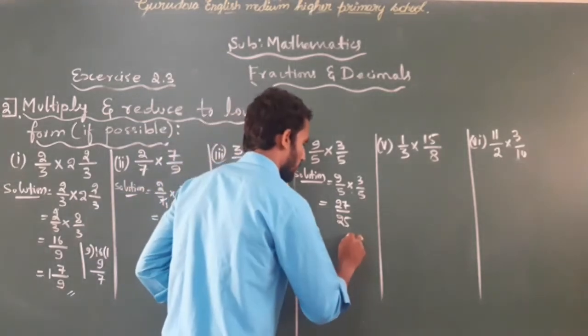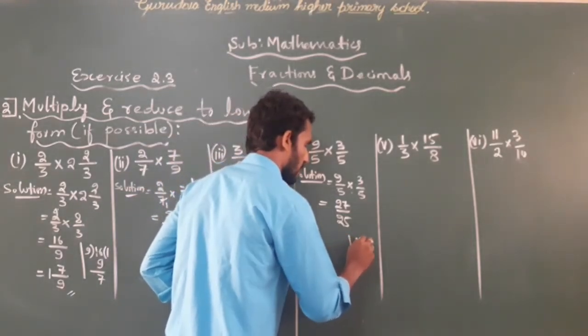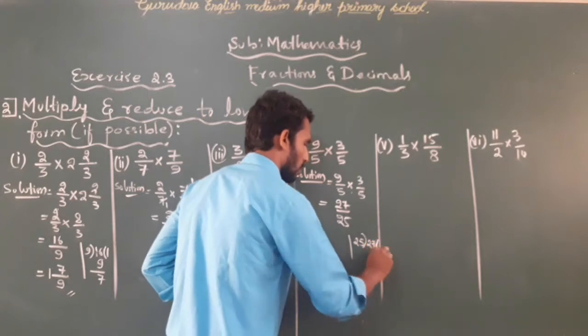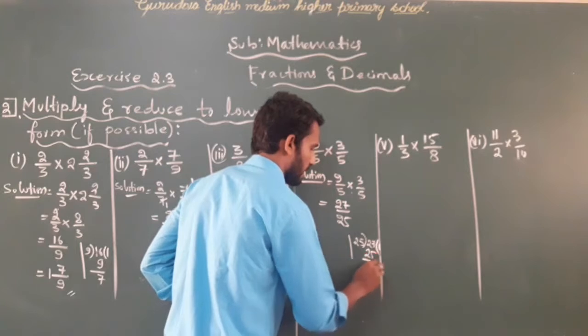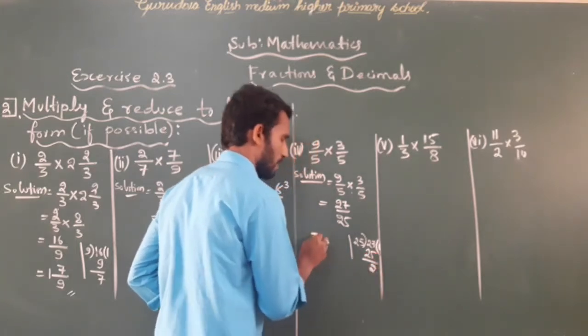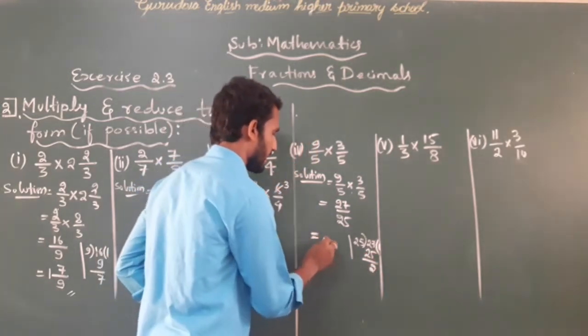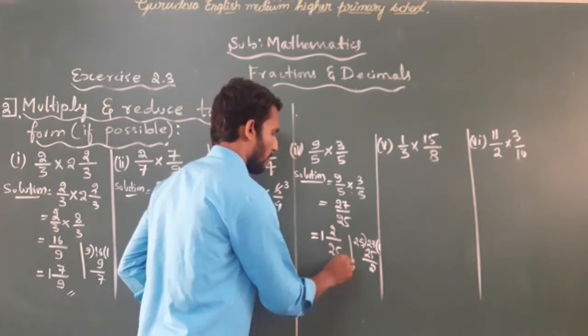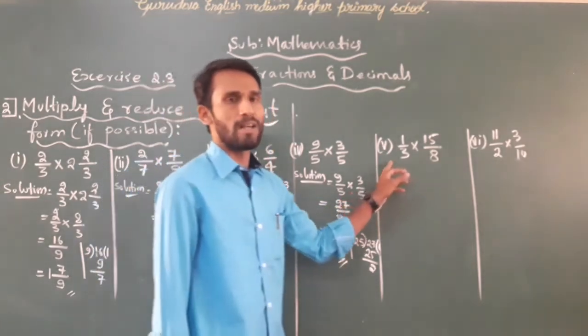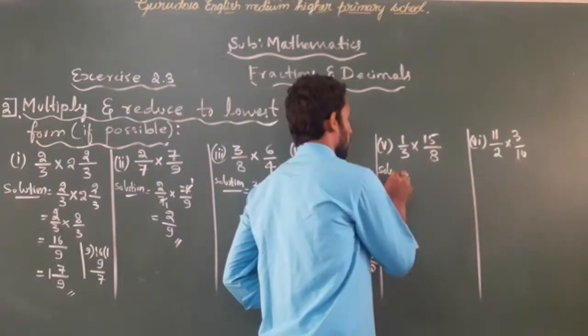When we divide 27 by 25, 25 into 1 is 25, remaining 2. Writing as a mixed fraction, we get 1 whole 2 by 25. This is the solution. Next, the fifth question.